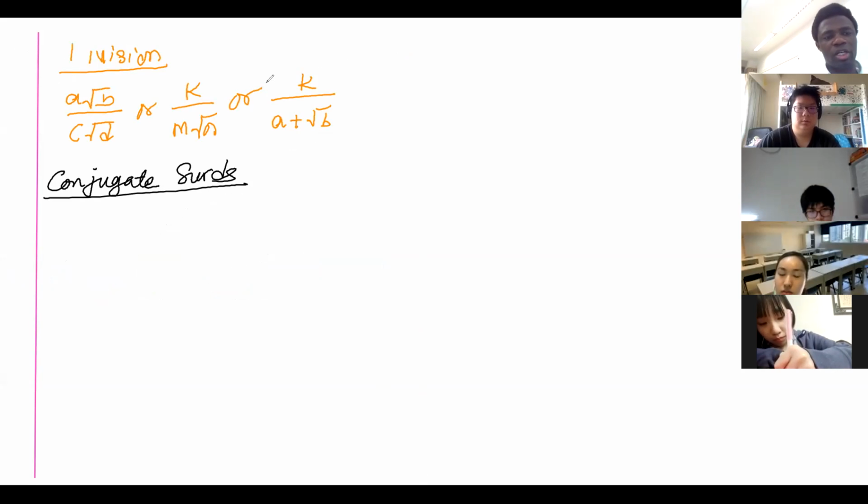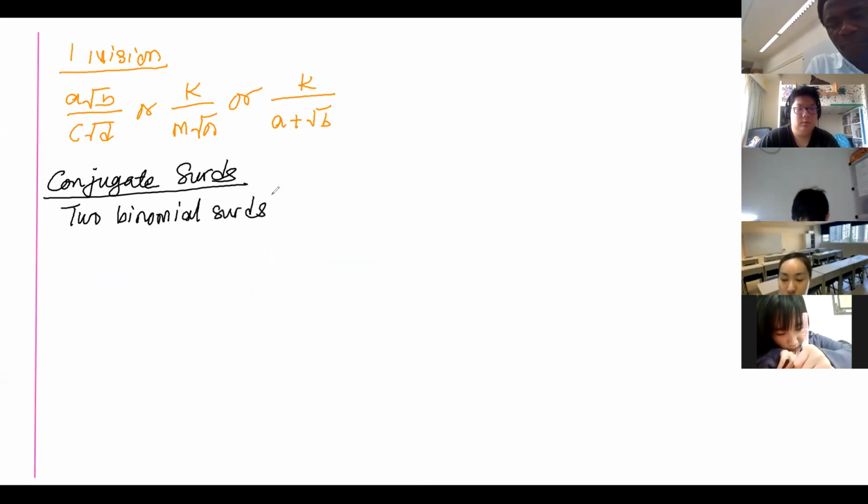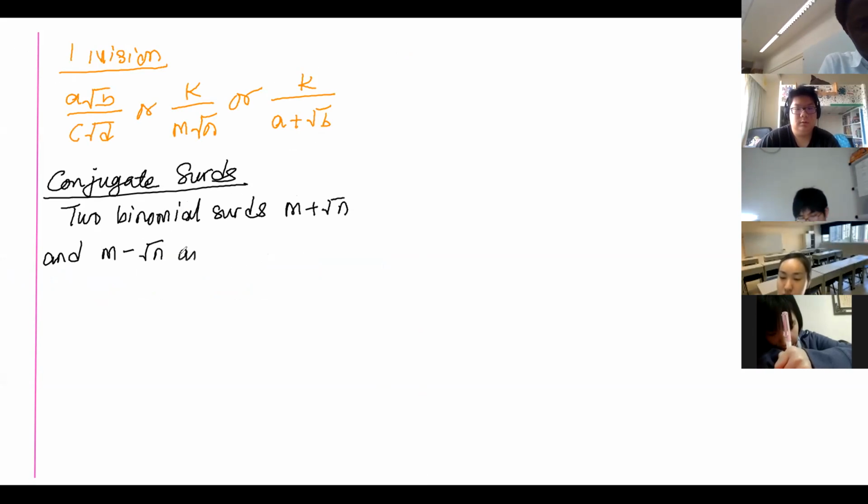So let's write conjugate surds first. Two binomial surds, m plus root n and m minus root n, are conjugate surds.